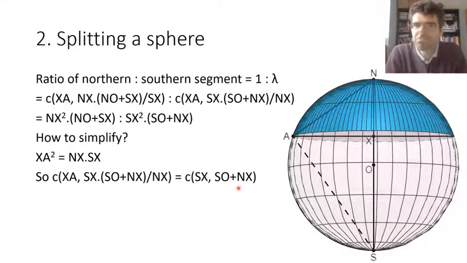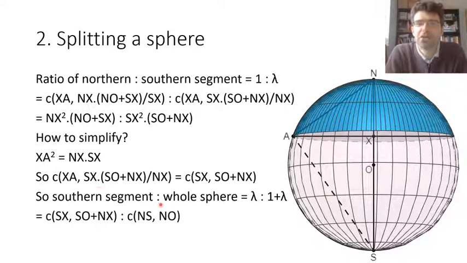So we've just slightly manipulated the formula for the segment in terms of a cone. Now, a very neat way then to get rid of some of the terms involving x, the unknown, is to consider the southern segment not against the northern segment, but against the whole sphere, whose volume, as we've seen in the previous video, can be described as the cone whose base radius is the diameter and whose height is the radius.